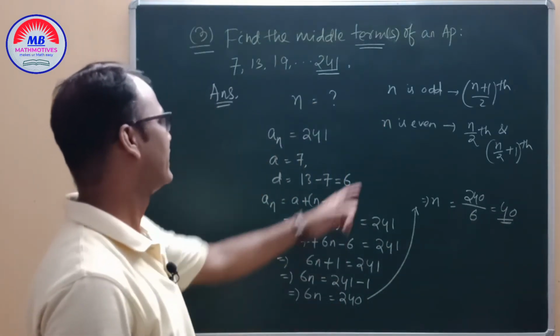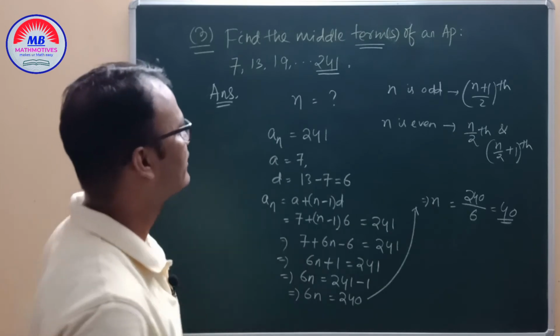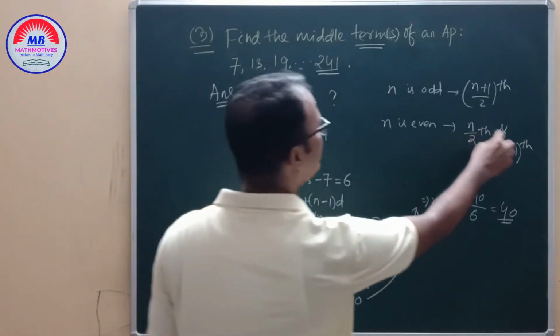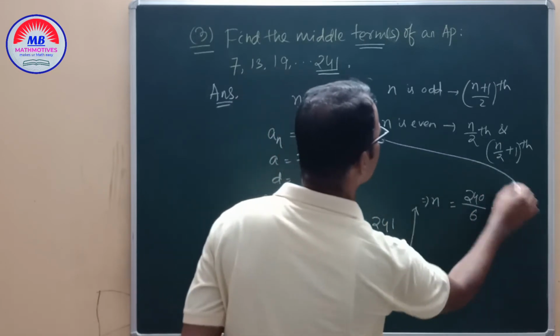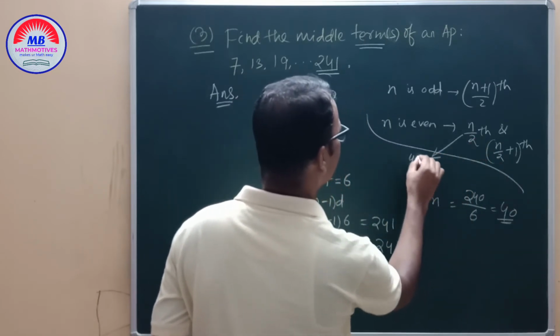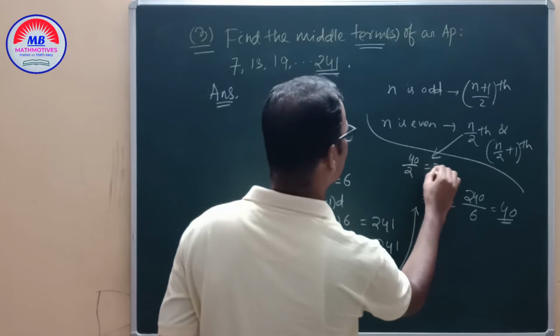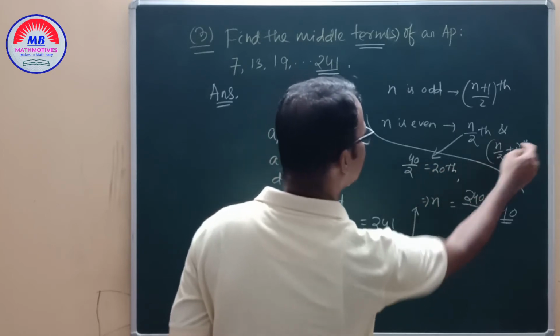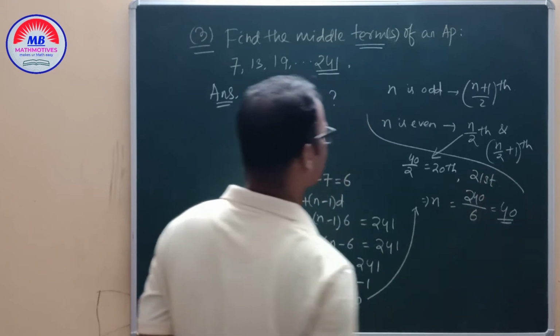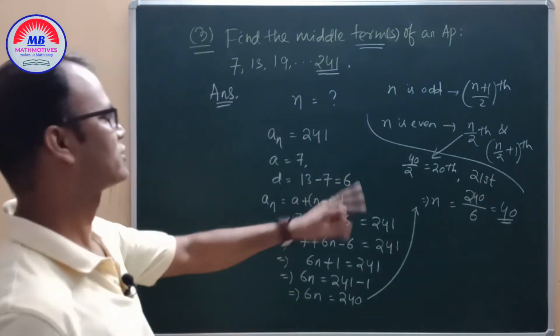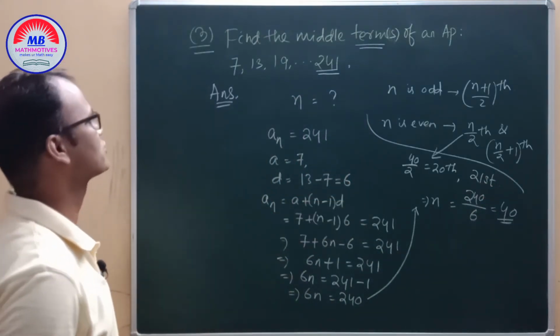40 means n is even. If n is even, you will get two middle terms. First is n by 2, that is 40 by 2th term, that is 20th term. Then next is 20 plus 1, 21st term. Then we have to find 20th term and 21st term.